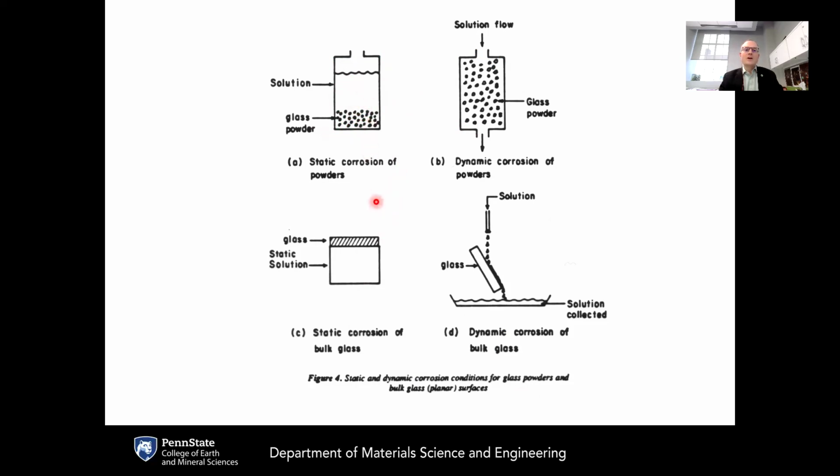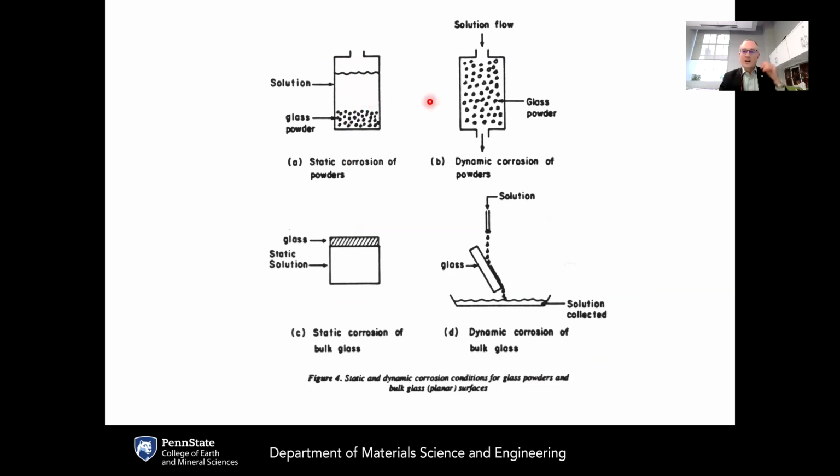Over time, the solution reacts with the glass, which can form a modified altered layer at the surface as a result of that reaction. And then different samples of the solution are taken and analyzed to see how much of each species is being released from the glass powder into solution. And of course, since this is fixed, the pH will evolve over time and the mechanism of attack will also evolve over time.